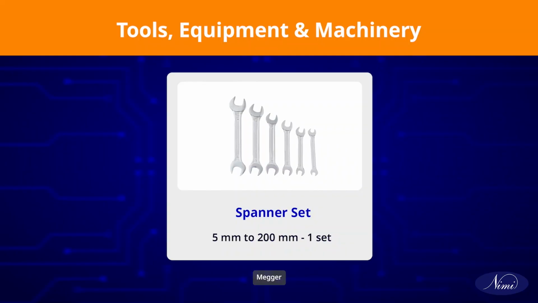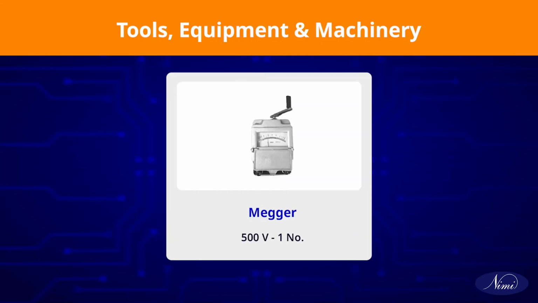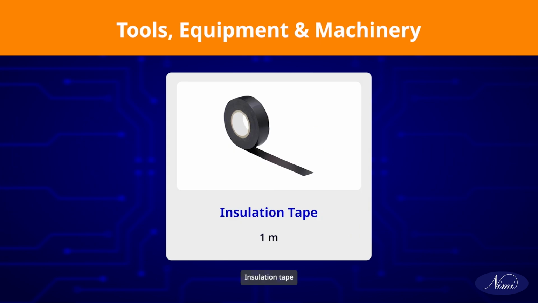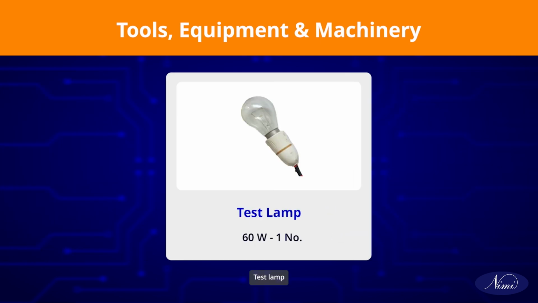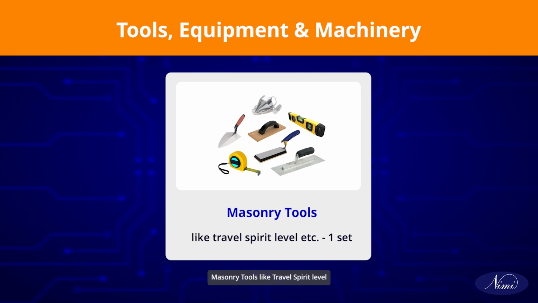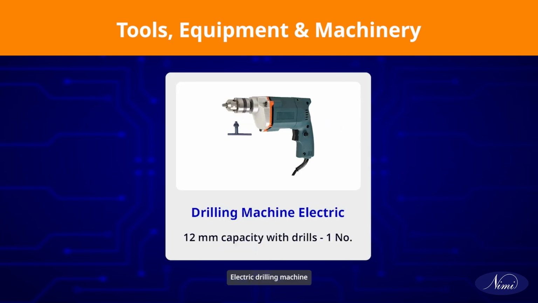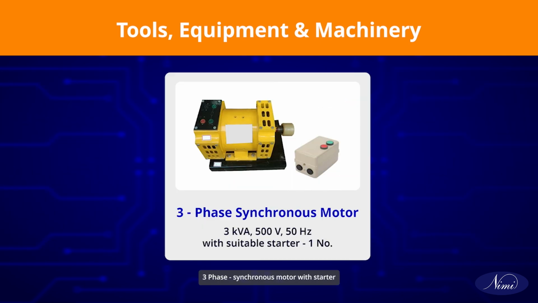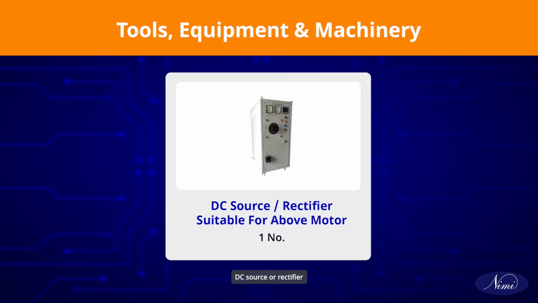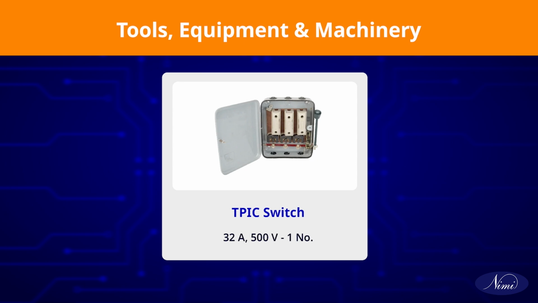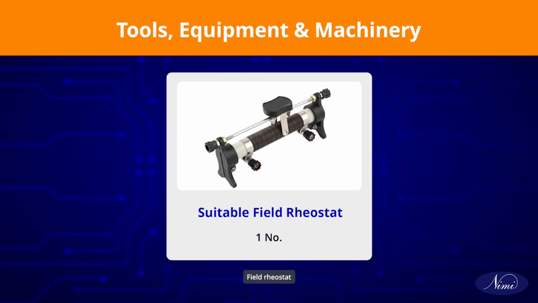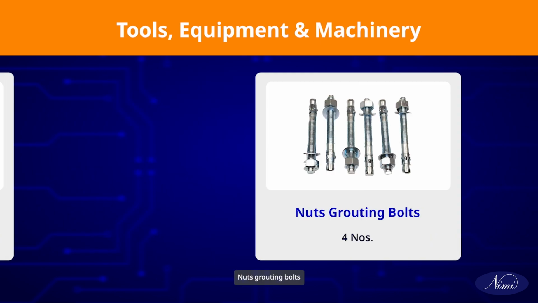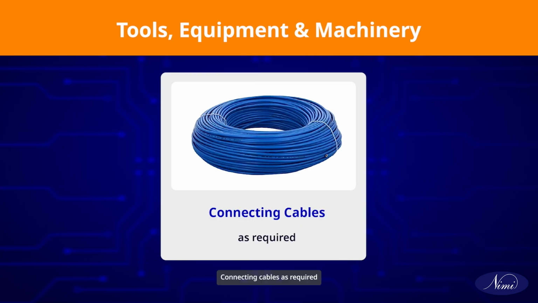Spanner set, megger, 3-phase alternator, PVC insulated copper wire, insulation tape, test lamp, masonry tools like trowel, spirit level, electric drilling machine, electrician toolkit, 3-phase synchronous motor with starter, DC source or rectifier, TPIC switch, DPIC switch, field rheostat, plywood, nuts, grouting bolts, connecting cables as required.